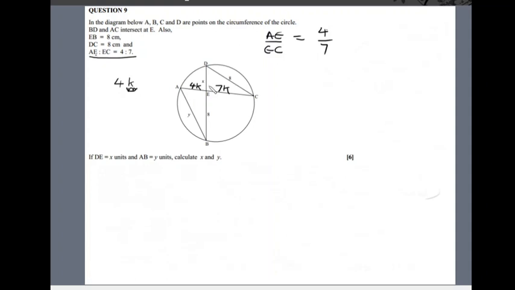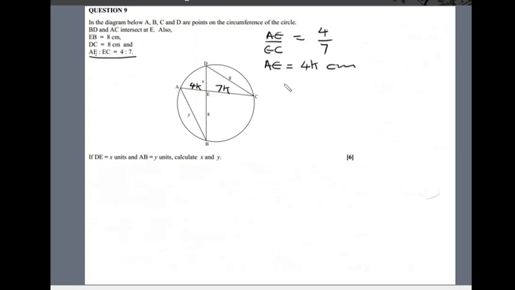So to eliminate a little confusion, I'll use a factor k to denote that AE is not equal to 4 units, but equal to 4 times some factor k, and that will give us length. So AE is equal to 4k units. I hope that is clear, right? So AE is equal to 4k units, EC is equal to 7k units, where k is some factor.